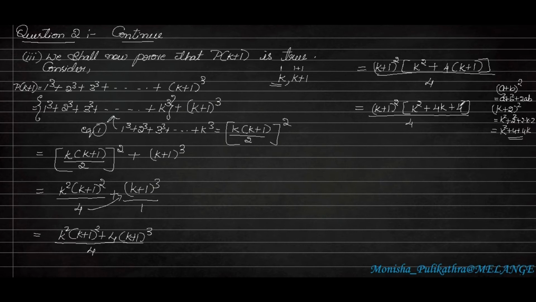So k square plus 4 plus 4k is nothing but k plus 2 whole square. We can just replace it. That is k plus 1 whole square into k plus 2 whole square divided by 4. So the next step, k plus 1 whole square and k plus 2, I'll be taking it as k plus 1 plus 1 whole square, this 2 as 1 plus 1.